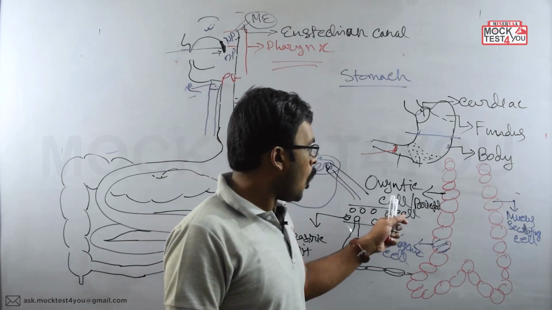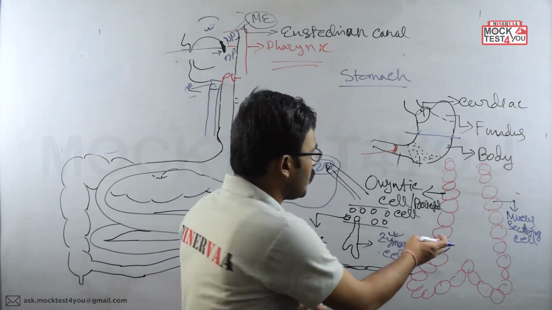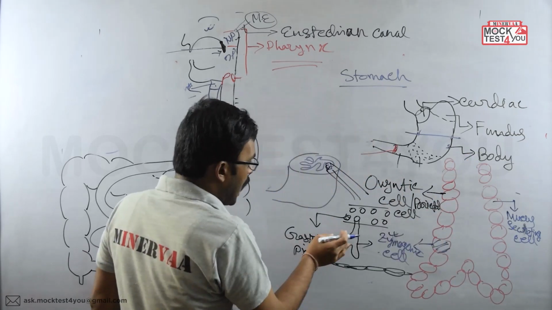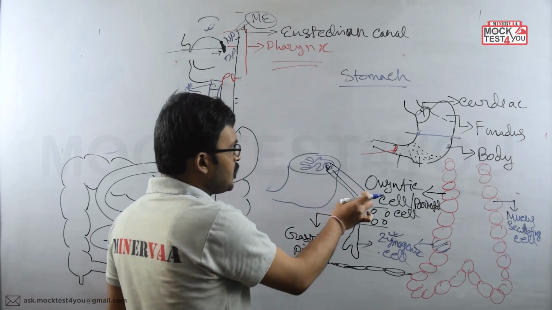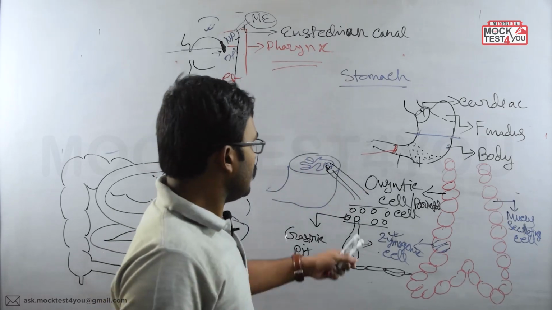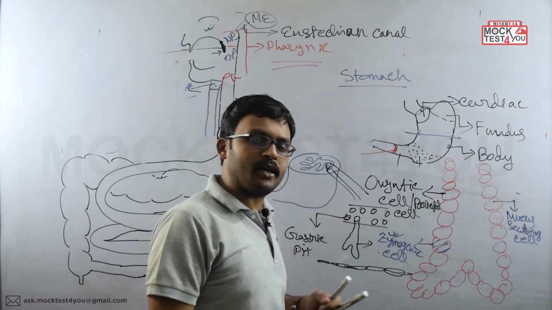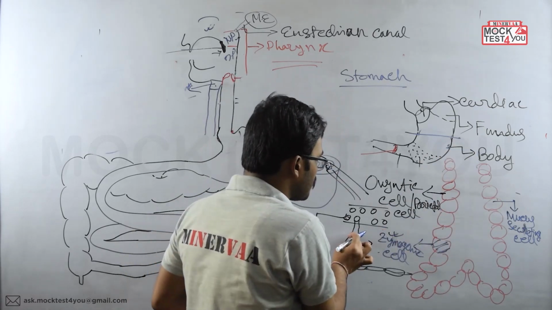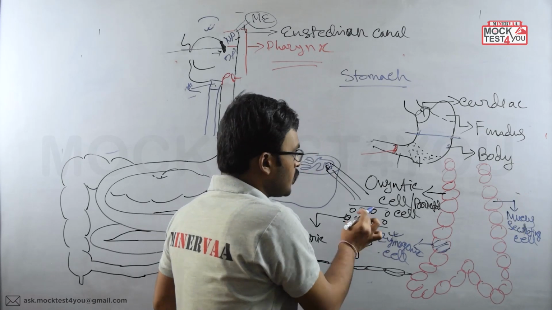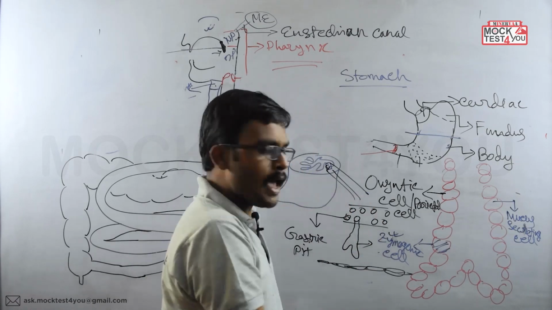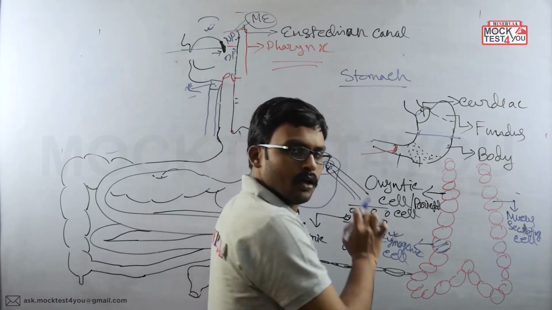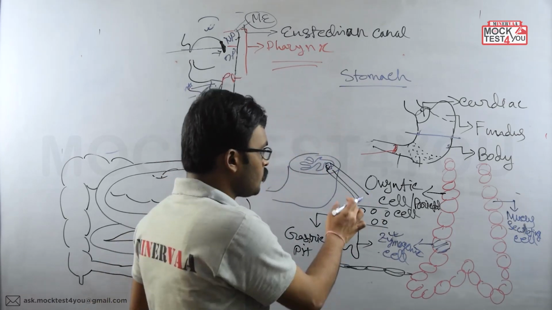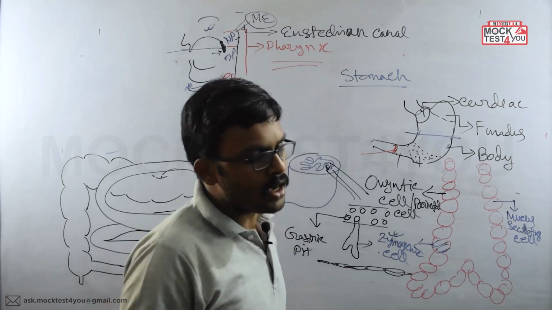The secretion of all these things comes out through the gastric gland pipe and ultimately through the gastric pit outside. The secretion which comes out for digestion over this region is called gastric juice.